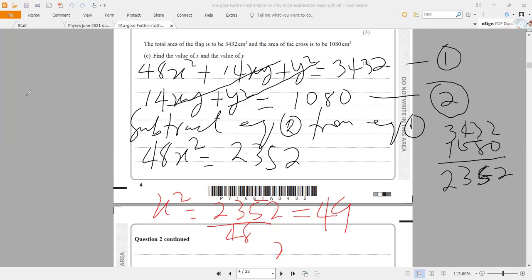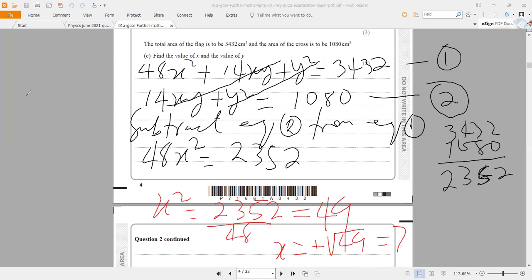So we have here x equals, let's take the positive root of 49, which is 7. So x is 7, not 7 centimeters, 7.